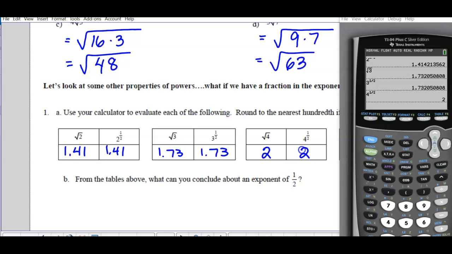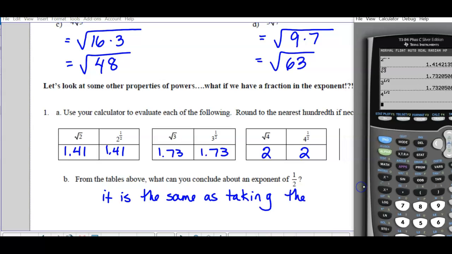From the tables above, what can you conclude about the exponent 1/2? It is the same as taking a square root.